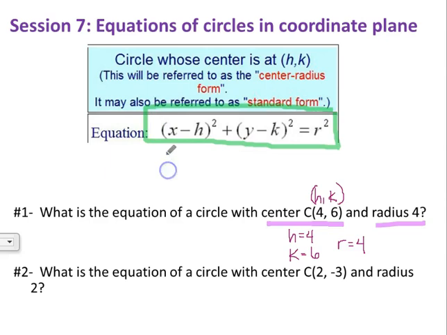So I'm going to start with x, which always stays as x minus, I substitute in the value for h. So that's the x coordinate of my center, right? And then I square it. Then I come over here and I say y minus, what's my k value? It is 6, and then I'm going to square it, and then I'm going to also square r. So 4 squared is 16, and that's my equation.